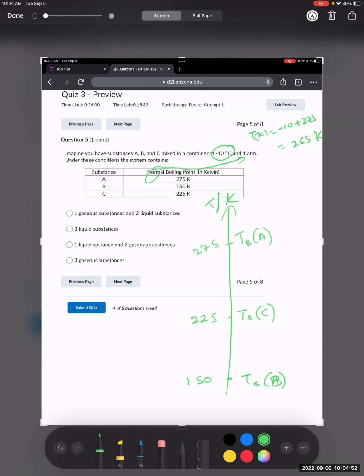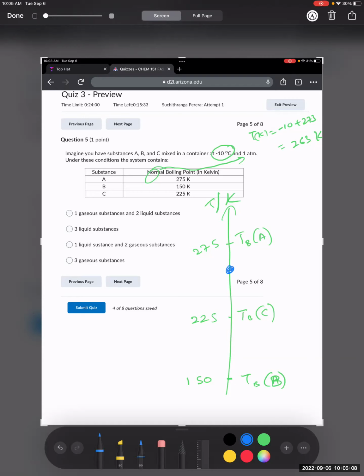and that is the boiling point of A. Okay, and 263 Kelvin, which is the current temperature, in this different color, is in between 225 and 275. So let's say we are somewhere over here.